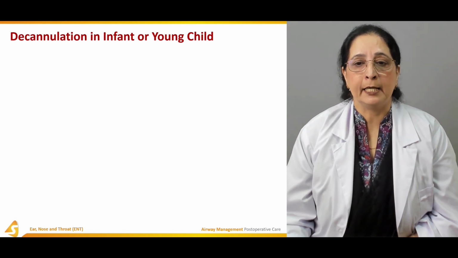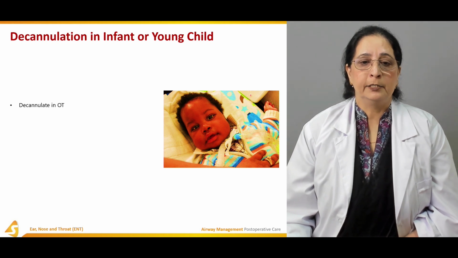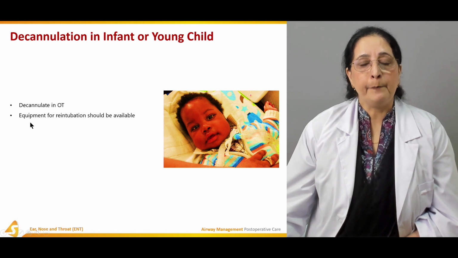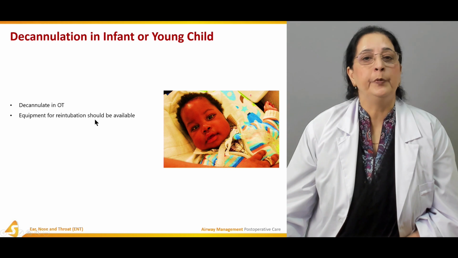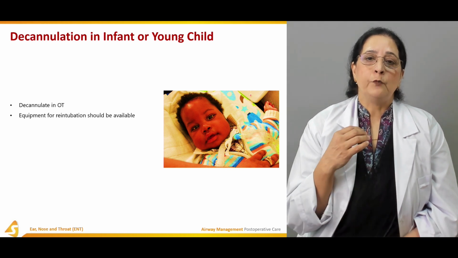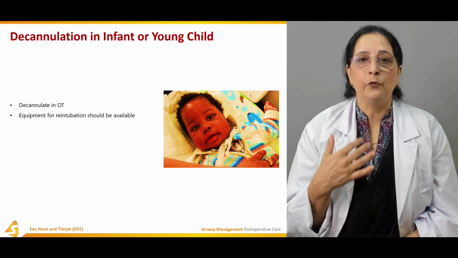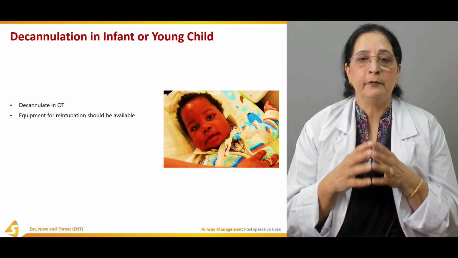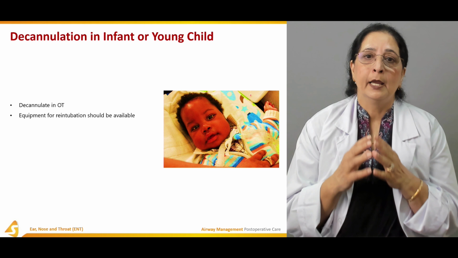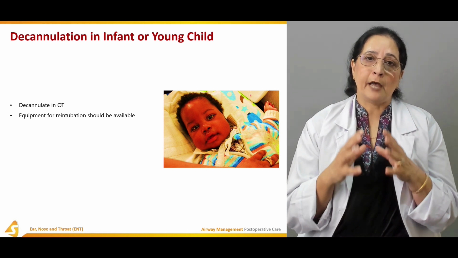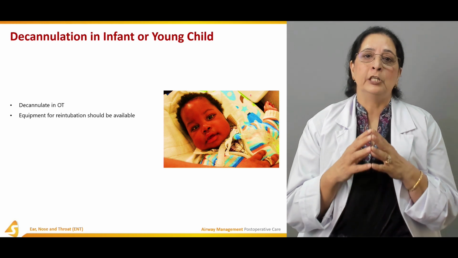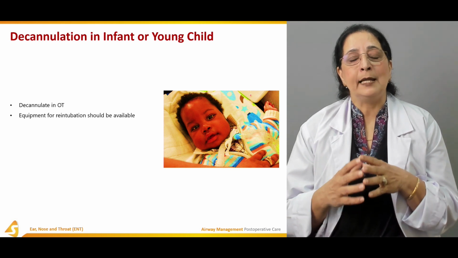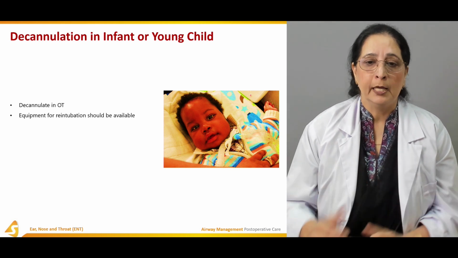Decannulation in infants and young children. Decannulate in the operation theater for infants and children. Equipment for re-intubation should be available. So it's important that when we remove the tube in children, we should perform this procedure in the operation theater, because after the tube is removed, if the patient still has abnormal breathing, we should be able to intubate the patient immediately.